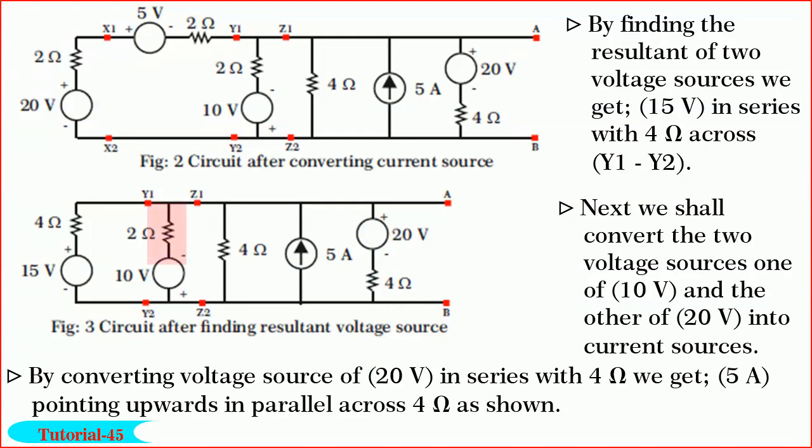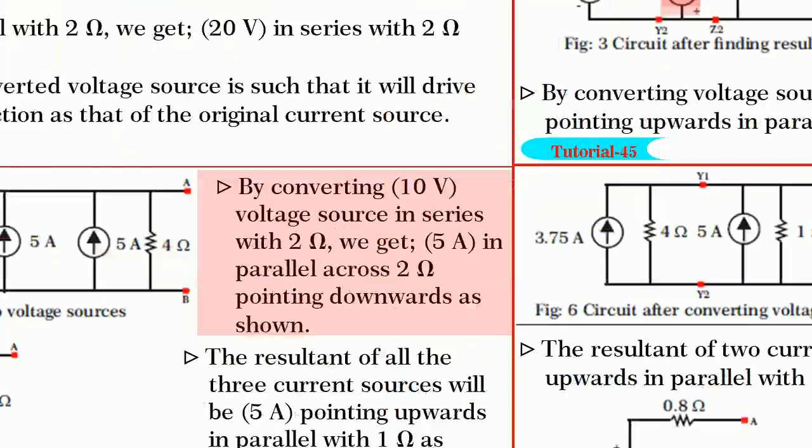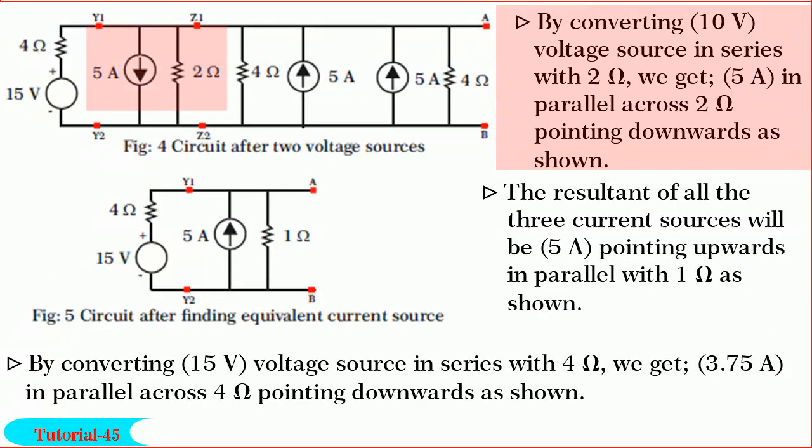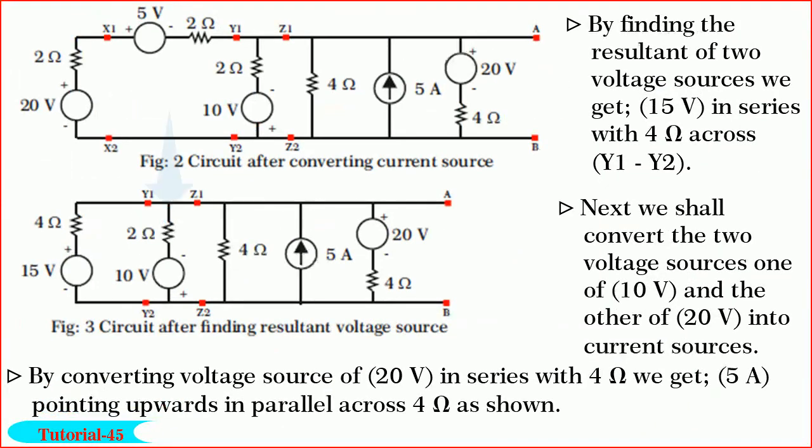Similarly, by converting the 10 volts voltage source, we get 10 divided by 2 equal to 5 ampere in parallel with 2 ohm as shown. Note the direction of the converted current source is downwards, which is the same as that of the current driven by the original voltage source of 10 volts.